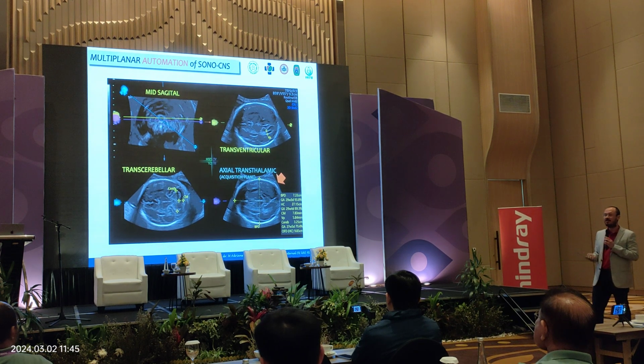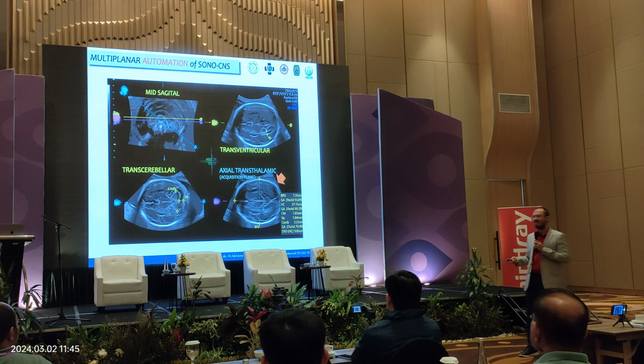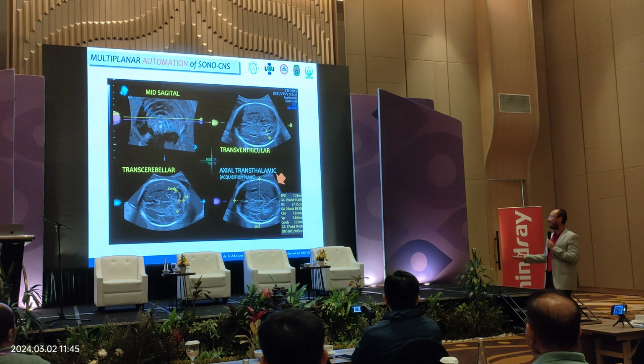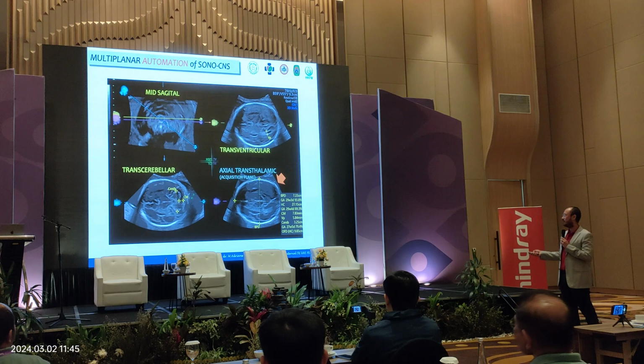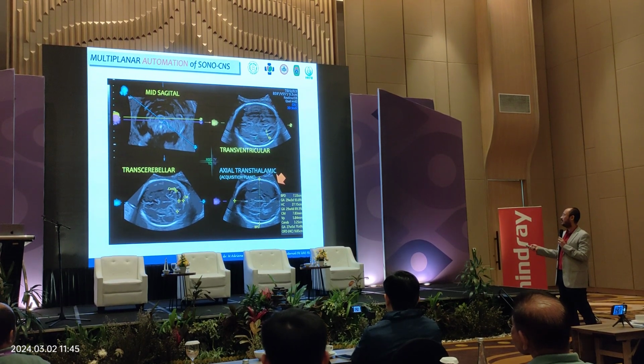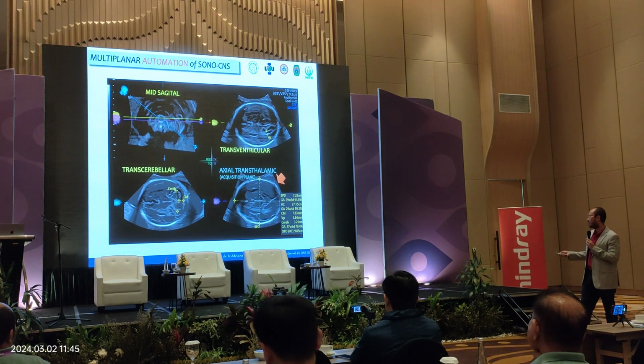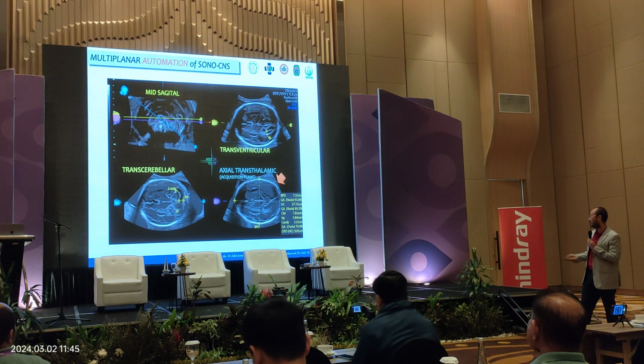And maybe later on the AI can also measure the angle of the Sylvian fissure. Maybe Leonard's team already made the AI for measuring this, for the whole CNS, not only cerebellum and then the cisterna magna and posterior ventricle. The angle also comes out directly, automatically. Maybe not in the very long future, maybe in the near future.